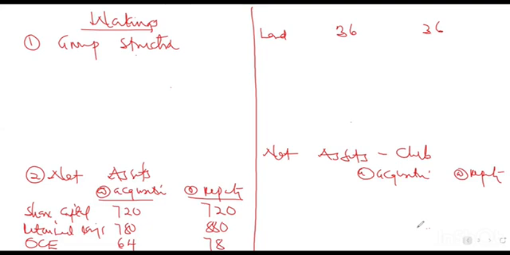So we have their share capital, $700. This will also be 700. Let me show the group structure now. Diamond is the parent.